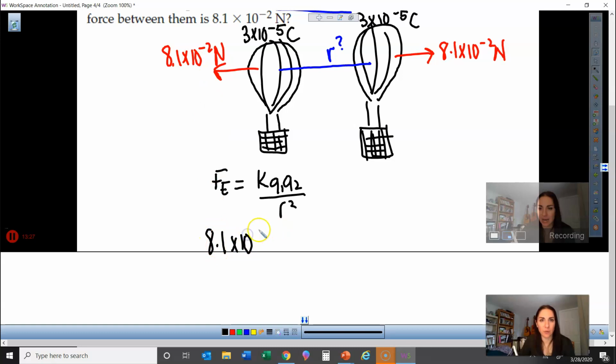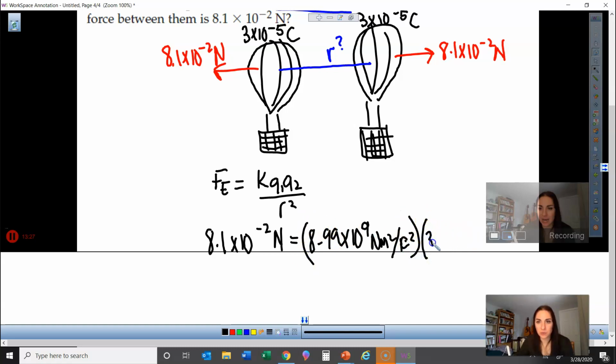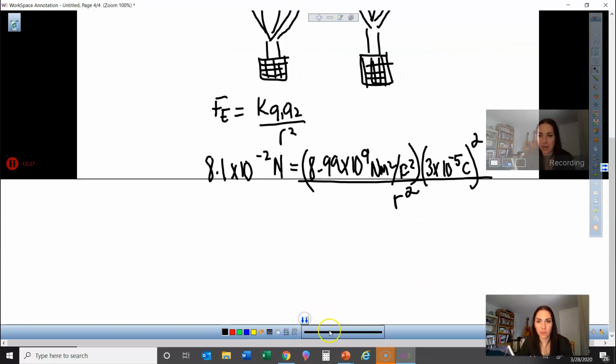This is the same for both. k is our constant, in newton meters squared per coulomb squared. I am going to square the charge now because they're the same numbers. It's positive, and we can just square them since they're the same. All divided by r squared.